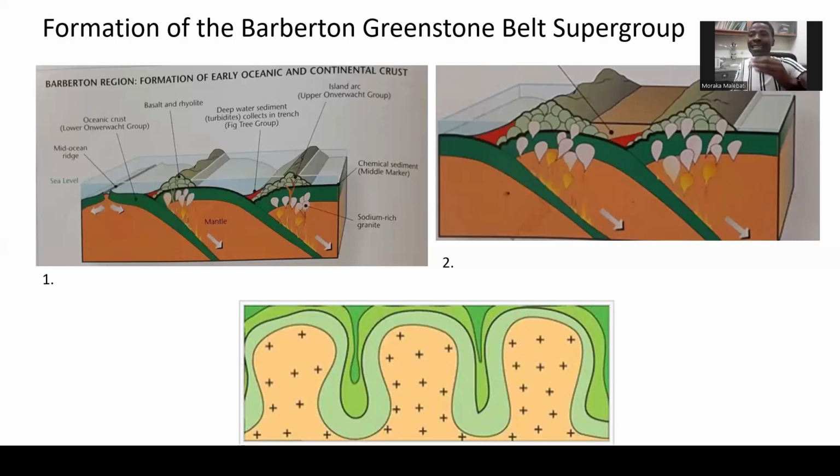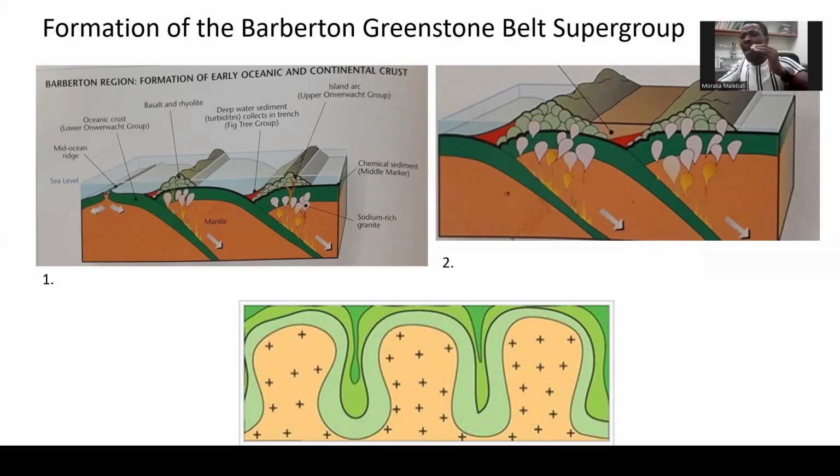This produces the basalt and the granodiorite magmas, some of which erupted on the ocean floor. You can now see that some of these erupting magmas erupted right on the ocean floor.